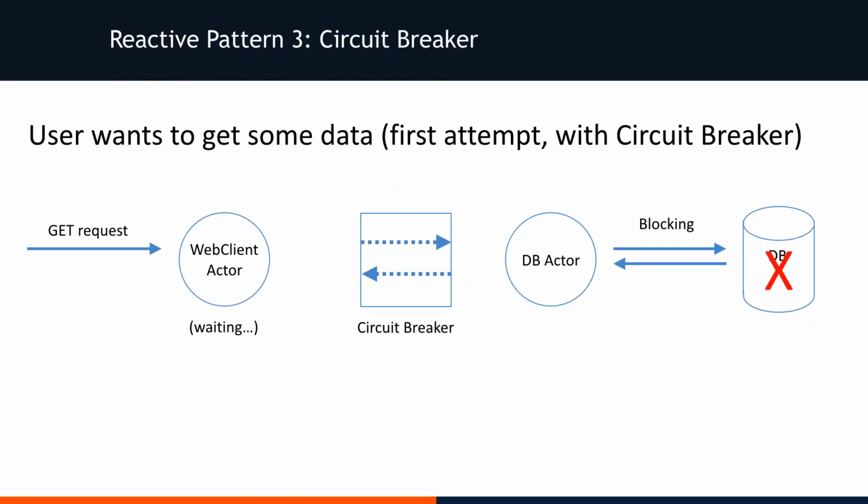The database has a failure. And just like the first time, after 10 seconds of a blank page, we will send a timeout back. So you will say, okay, but this is the same as before. It's not quite the same, because what's different is that in all this, the circuit breaker has detected a timeout and opened, so to speak, the circuit breaker.